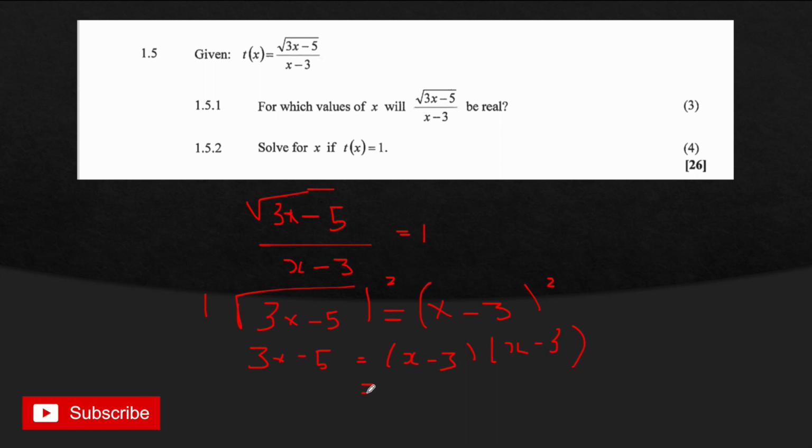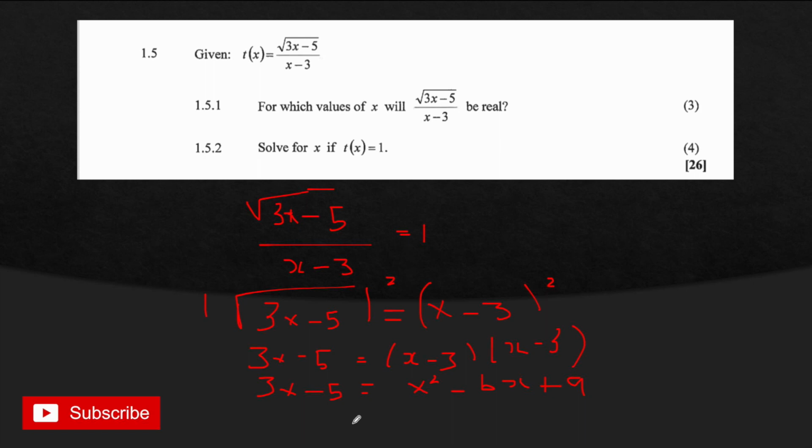It will give us x squared minus 6x plus 9. I got it by saying x multiplied by x is x squared, x multiplied by 3 is minus 3, and then again minus 3. I added them, I got minus 6, and then 3 multiplied by 3 will give me 9. This is 3x minus 5.